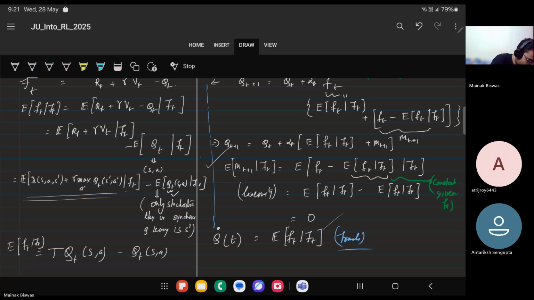Because at this state, I know S comma A is known. S dash is not known. From history, I know S comma A. History only tells me S comma A and nothing else. That's the important part. The rest of it was just for formalism. Clear?